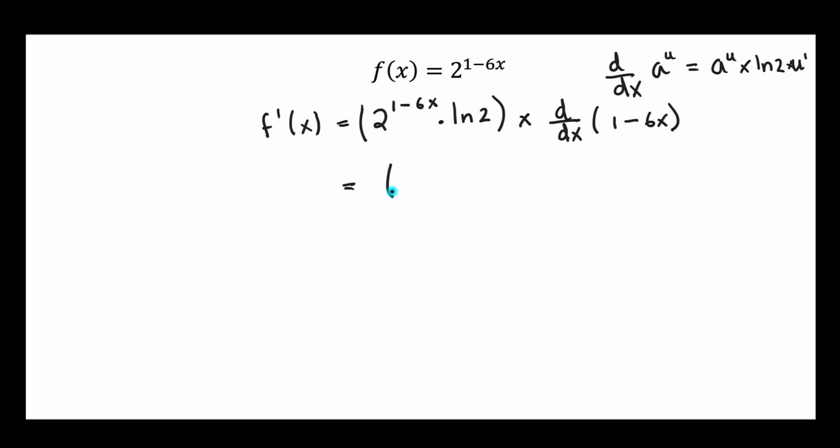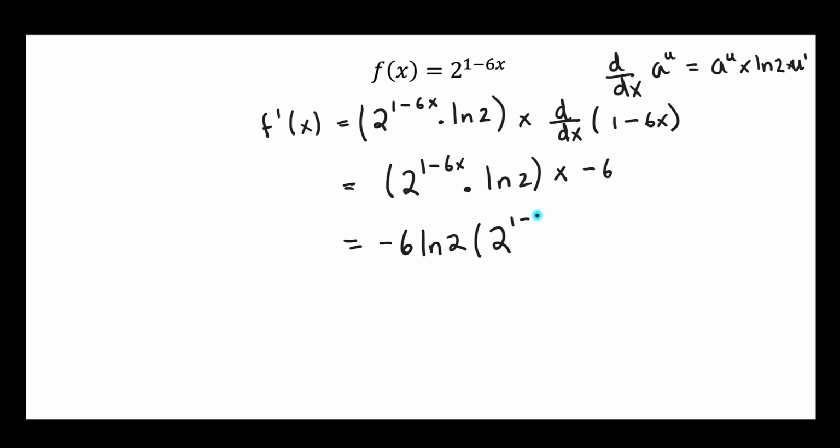Now differentiating this part would give me minus 6. So my final answer would be minus 6 natural log of 2 times 2 to the power of 1 minus 6x. And that would be my final answer.